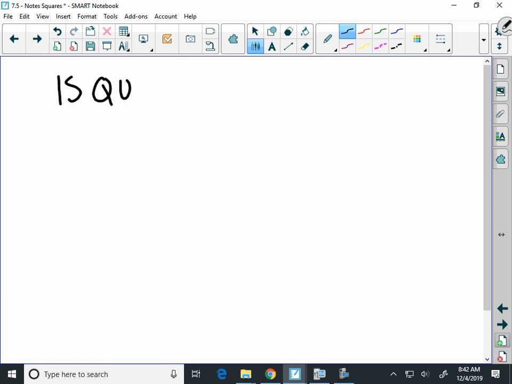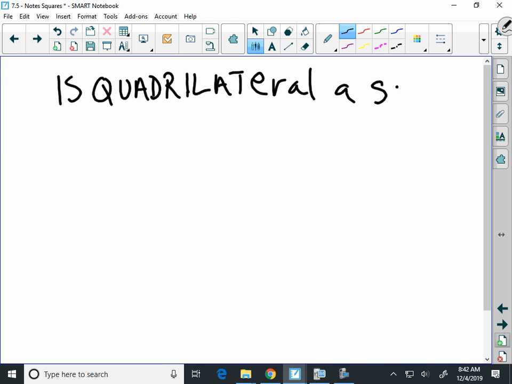Is quadrilateral ABCD a square? And the answer is yes.